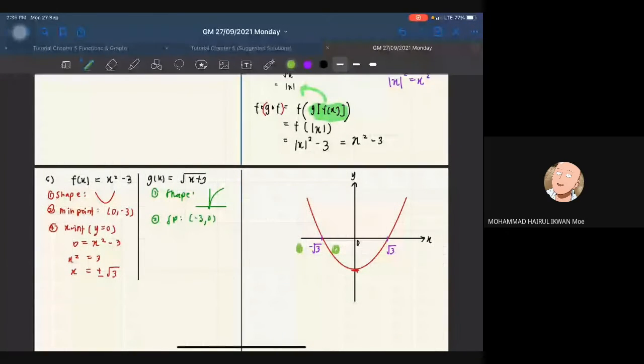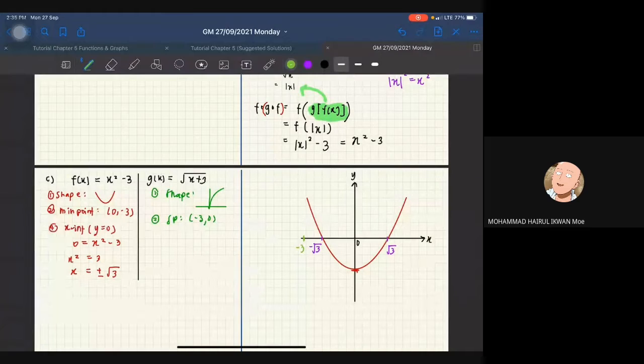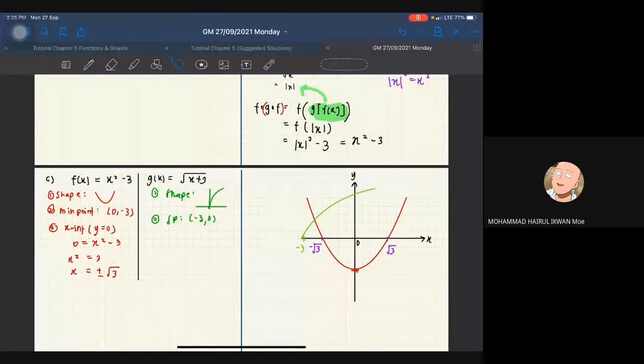Smaller? Okay, bagus. Smaller maksudnya dekat belakang ni. So negative 3 is somewhere here. So graf awak dia akan jadi ke atas macam ni. Okay, lebih kurang macam tu.